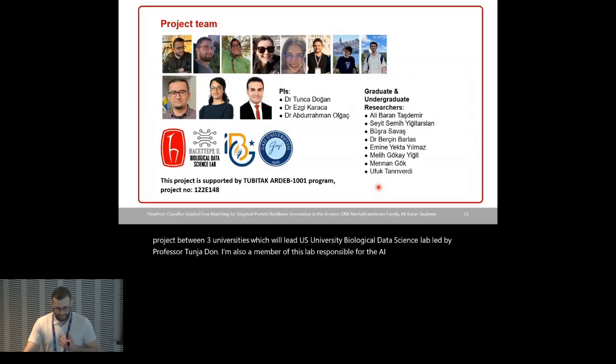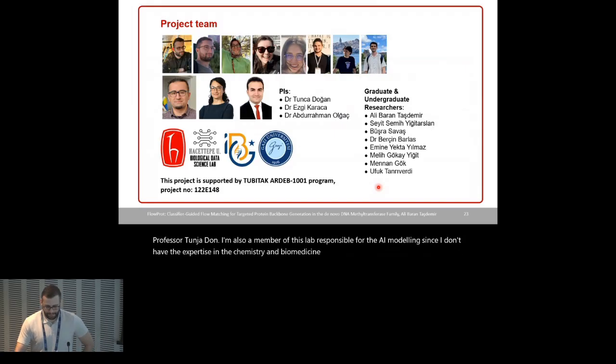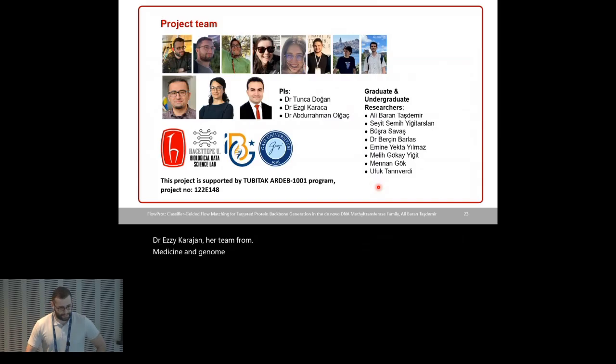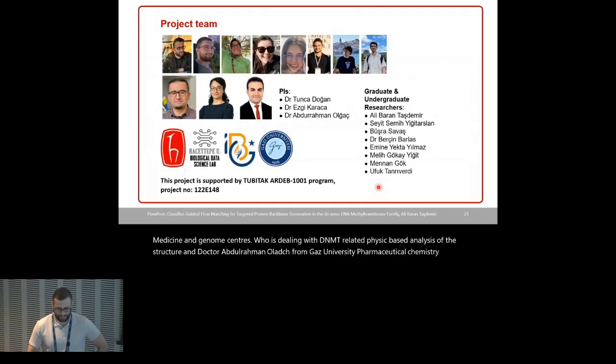Since I don't have the expertise in the chemistry and biomedicine fields, we have expert collaborators, Dr. Ezgi Karaca and her team from İzmir Biomedicine and Genome Center, who is dealing with DNMT-related physics-based analysis of the structure, and Dr. Abdurrahman Olaç from Gazi University Pharmaceutical Chemistry Department, who is conducting protein ligand interaction experiments.